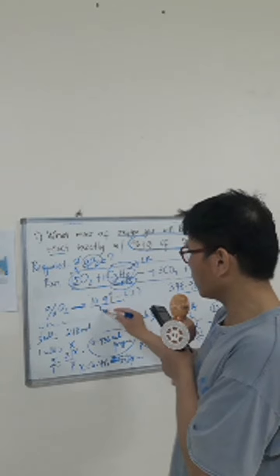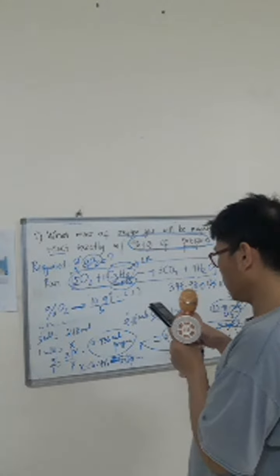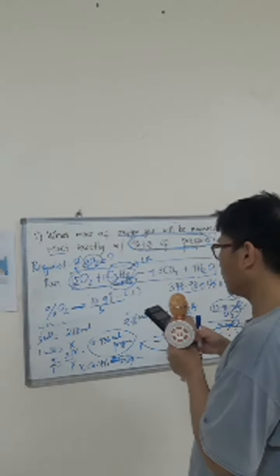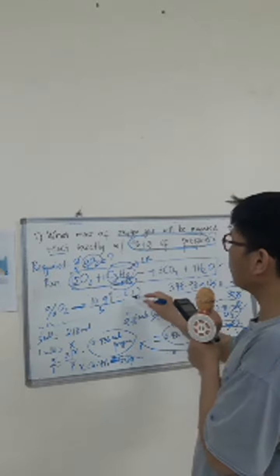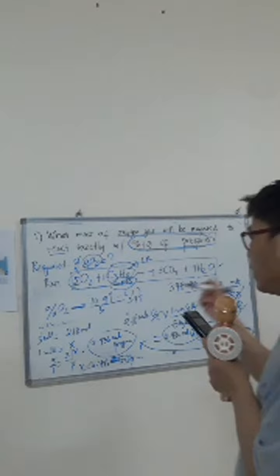Am I correct? So actual minus theoretical, it's going to be 2. 10.91 divided by 2 is 5.45.